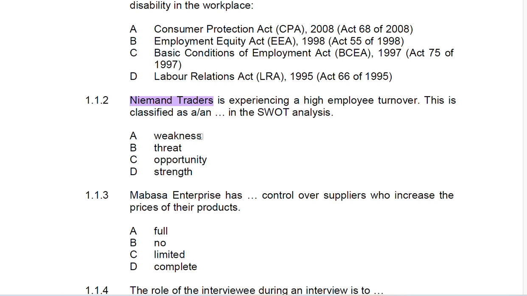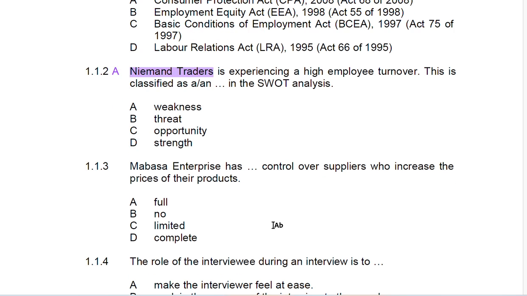The reason it is weakness is because this is an issue that is experienced by Naimed Traders internally, not the high turnover issue being faced by the industry as such. Now, to answer this question, candidates, you'll say the correct answer is A.